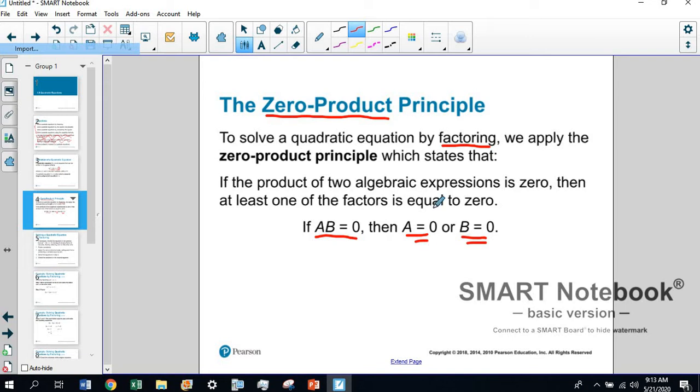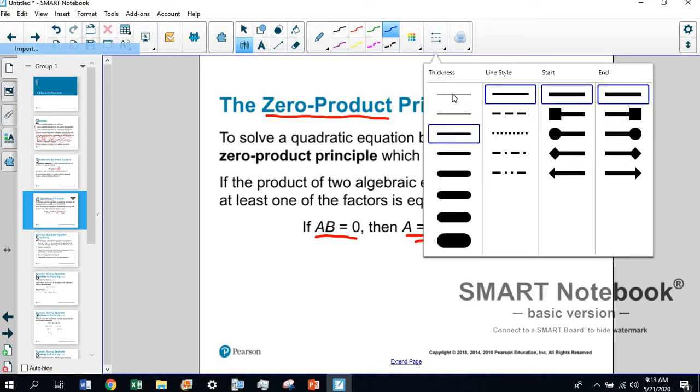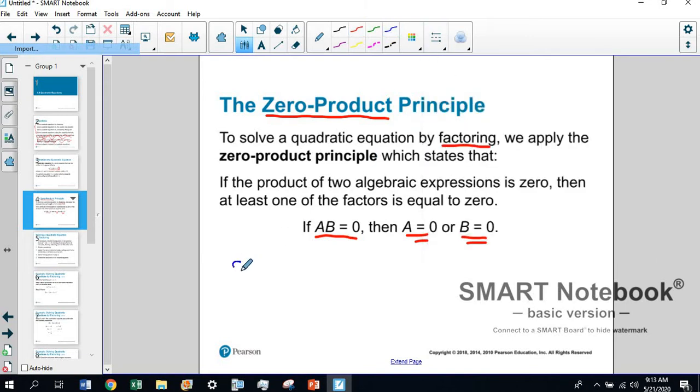There is no other number that has this property. Okay? For example, if you have a times b equal to 4, a does not have to be 4, b does not have to be 4, because a and b could both be 2, and you get 2 times 2 equals 4, and neither of them is 4, right?